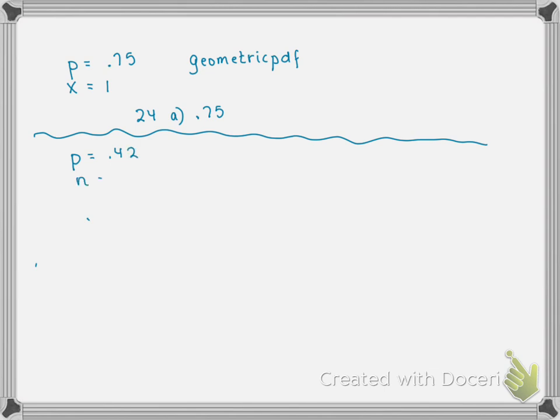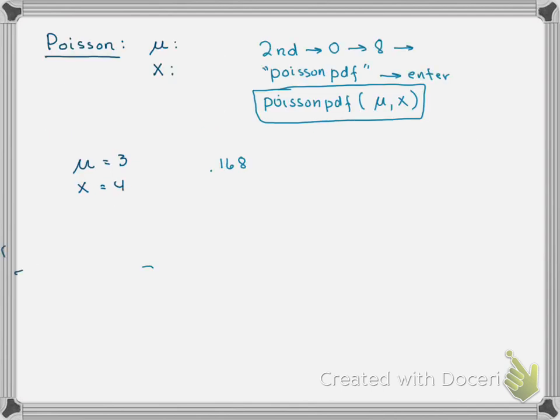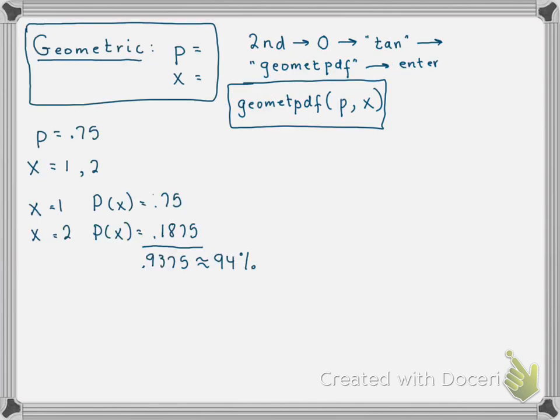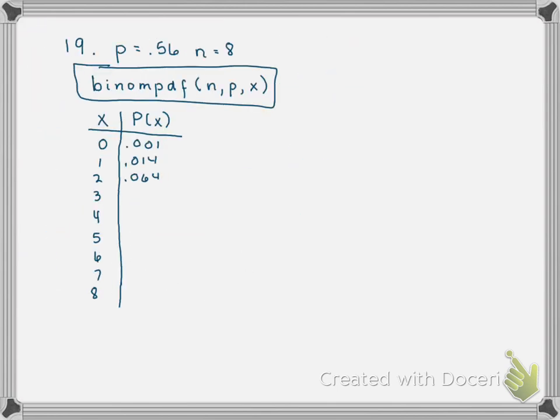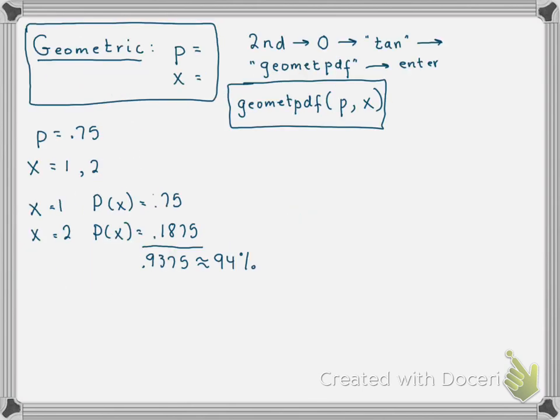The N is 6, and then find the probability that the number of adults who say they have cheated on a test or exam before, that's why 0.42 is your p-value, is exactly 4. Okay, so if we scroll back through, it's not the Poisson because we don't have a mean. It's not the geometric because we're missing the N. Here, it's binomial. Okay, that's how we can tell.